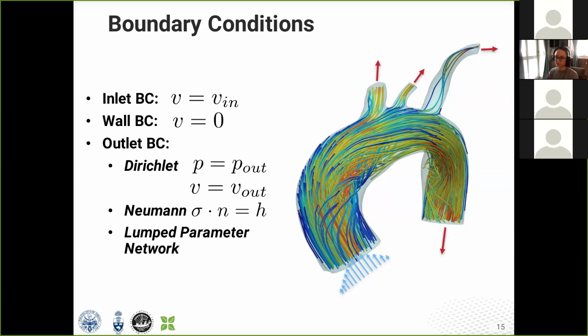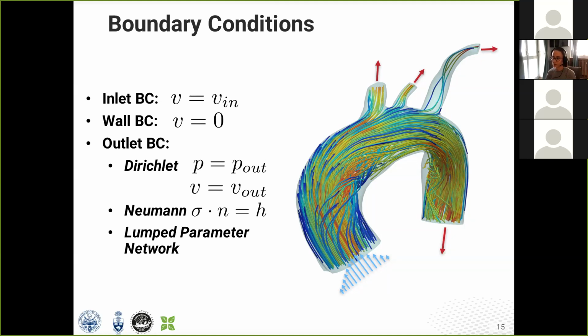And here you have different choices. One is to use the Dirichlet boundary condition, so either prescribe a specific value for the pressure or for the velocity, but this is not the best choice because it's really difficult to choose a single value of pressure and velocity, and this does not model really well what's happening inside the cardiovascular system.